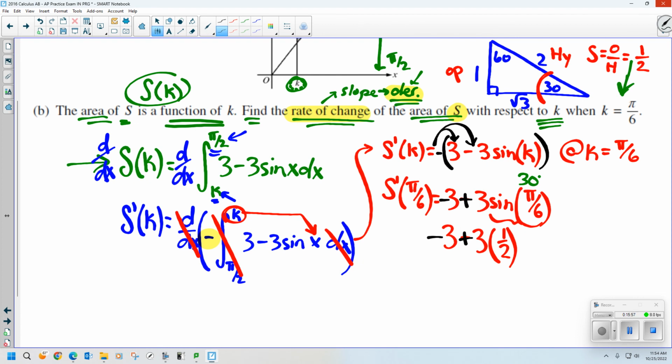Sometimes it's real easy to do such beautiful work and forget to carry something over. So I've got -3 plus 3/2, and if I combine those, I get -3/2. There you go. That's the answer. That's the rate of change of the area of S with respect to K when K is pi over 6.